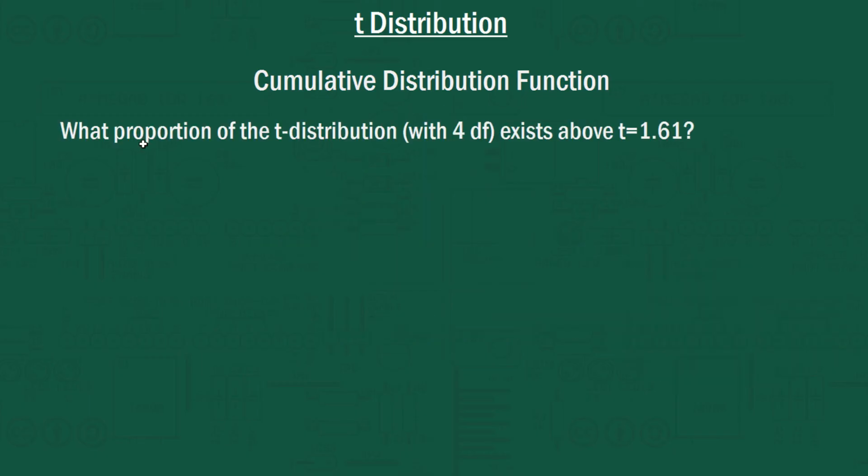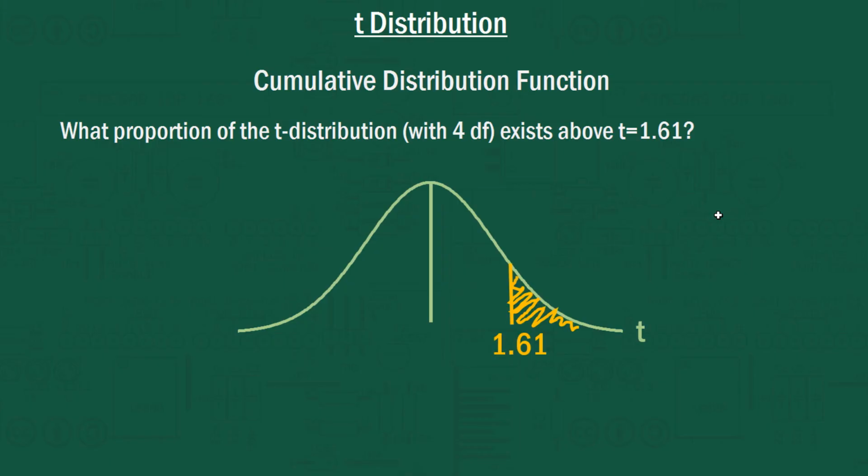Now we can actually use these formulas in reverse to answer really important questions like this. What proportion of the t-distribution, let's just say with 4 degrees of freedom, exists above t equals 1.61? So here's that t-distribution again, there's 1.61, and we want to know how much of the t-distribution lies above this point. In other words, how extreme is our sample here, or how extreme is this t-statistic?